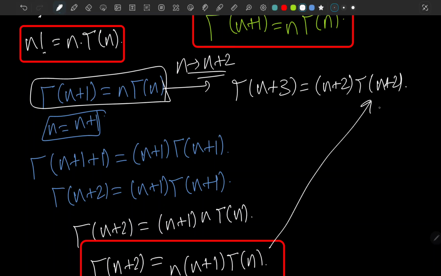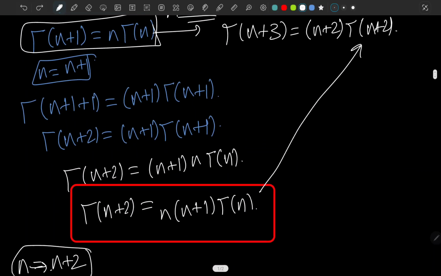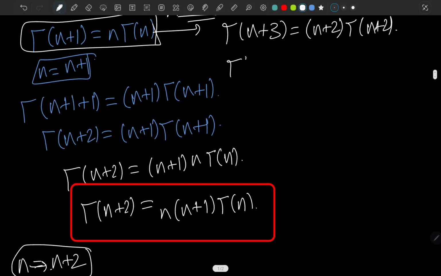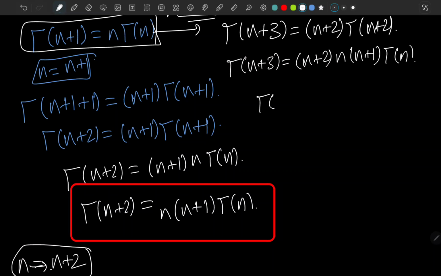From here you can say that gamma of n plus 3 is n plus 2 times n plus 1 times n times gamma of n.